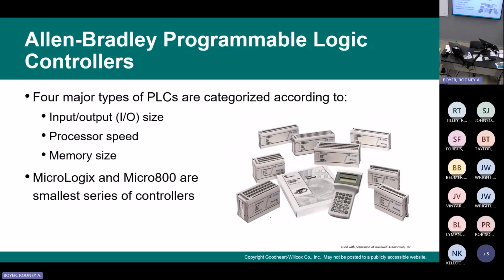Four major types of PLCs are categorized according to input, output size, processor speed, and memory size. MicroLogix and Micro800s are the smallest series of controllers. Every single one of those in that picture is a MicroLogix. Those are the shoebox controllers that I was referring to earlier, the fixed PLC.